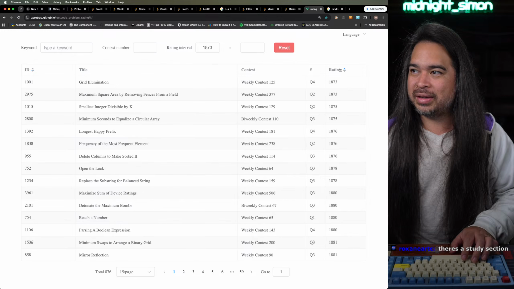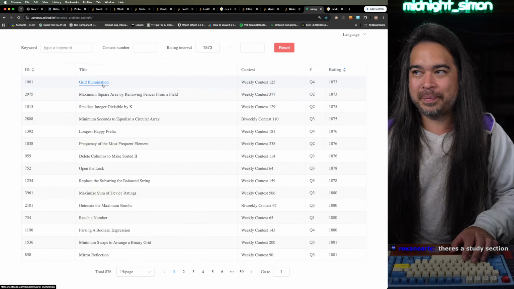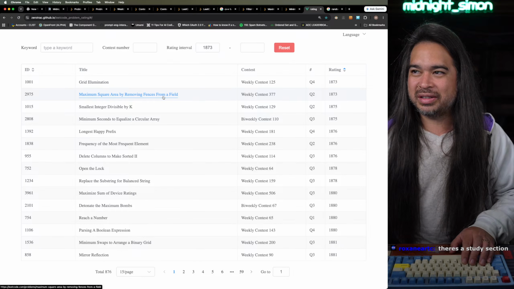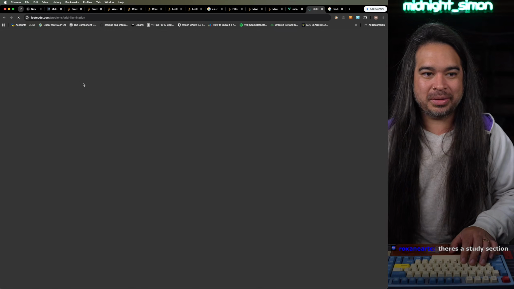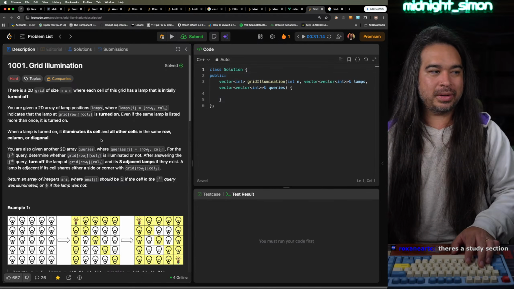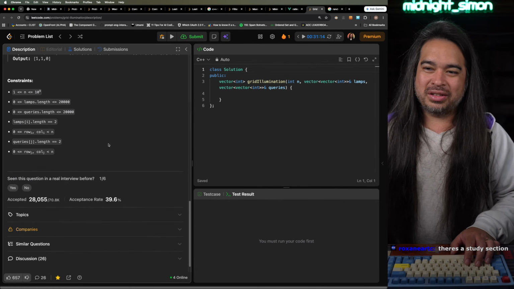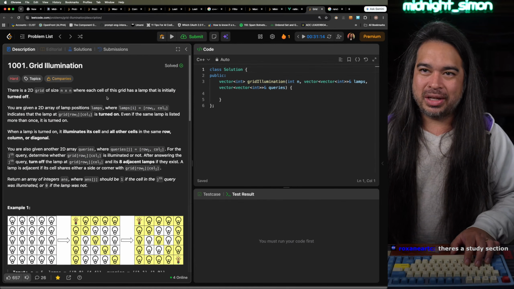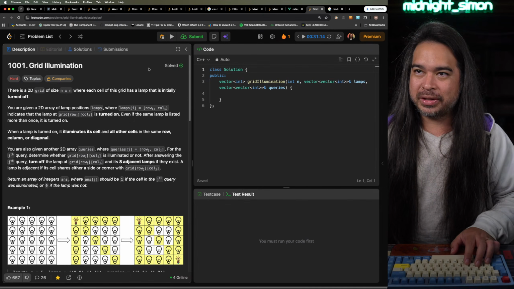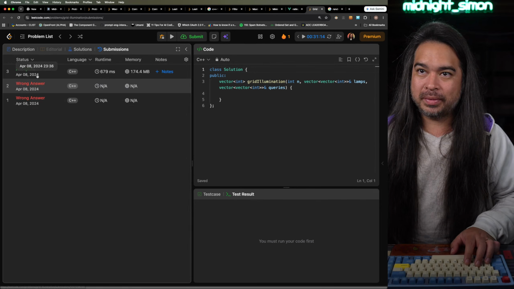Track rating of 1873. One of these. Grid illumination or maximum square area by removing fences from a field. They both sound a little hard. I'll try this one. Come on, man. Oh, I've solved it. Let me see when. 2 years ago.